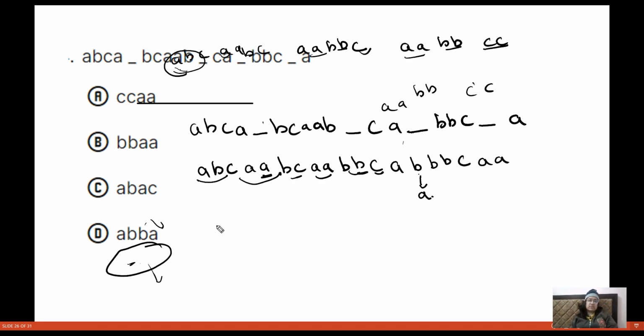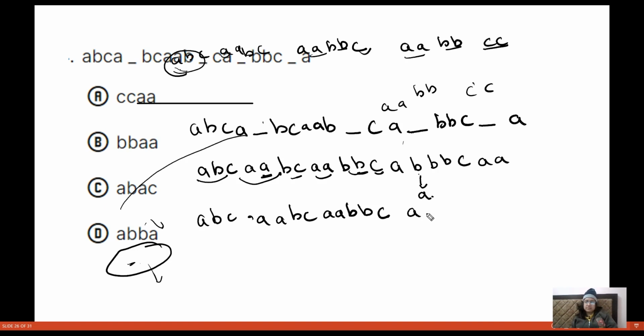So this condition will be satisfied in this one, because if I put ABC here, then this double A will come here and then BC, and then double A and then double BC here.